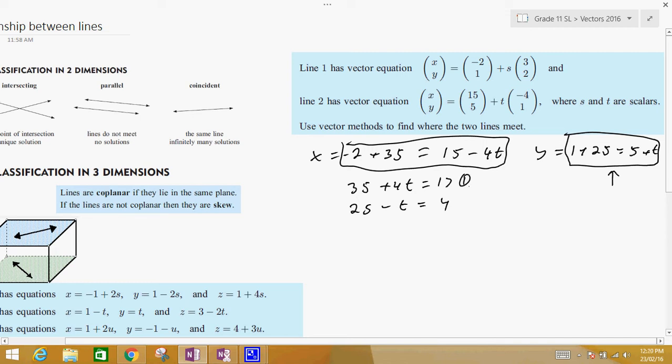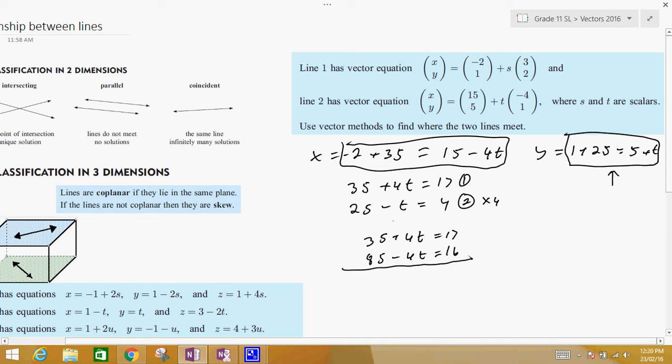So I'll call this equation 1 and equation 2. What I'm going to do is multiply equation 2 by 4. So I've got 3s plus 4t is equal to 17. Multiply equation 2 by 4, we get 8s minus 4t is equal to 16.